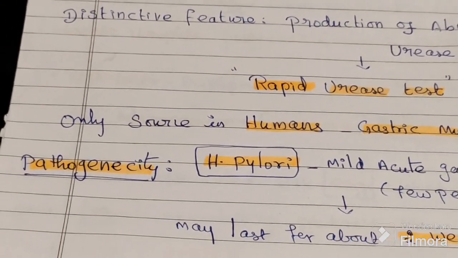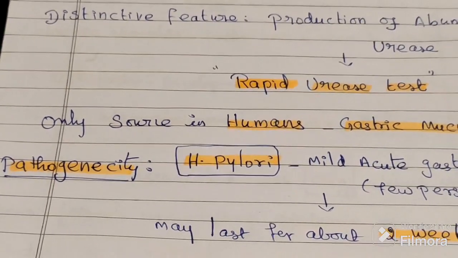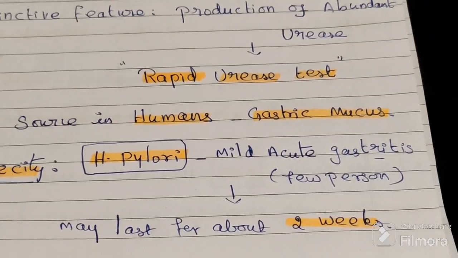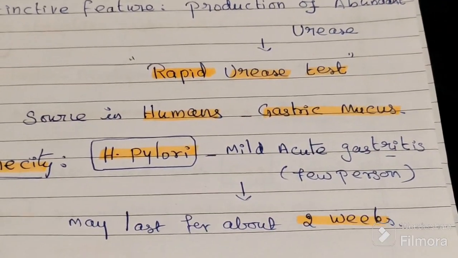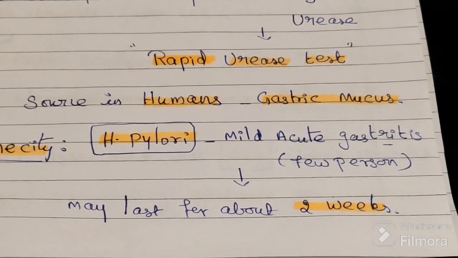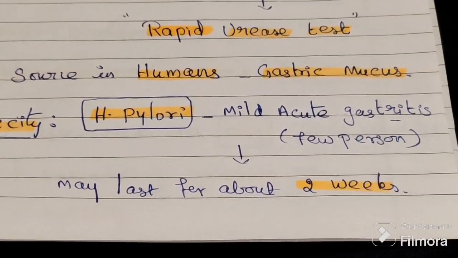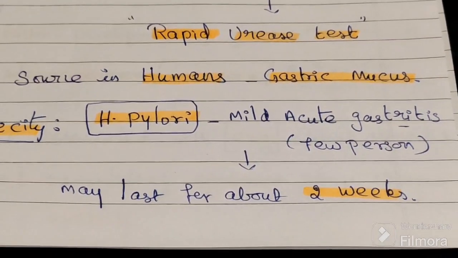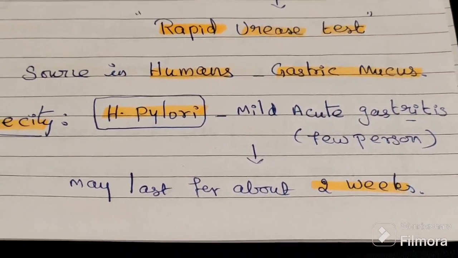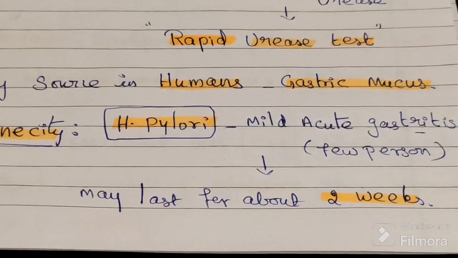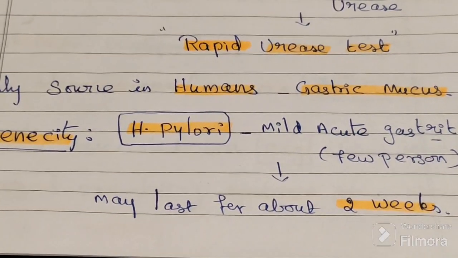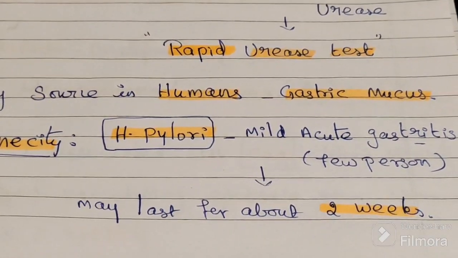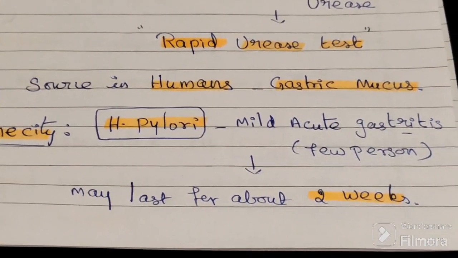Next one is pathogenicity. H. pylori causes mild acute gastritis in a few persons, which may last for about 2 weeks.